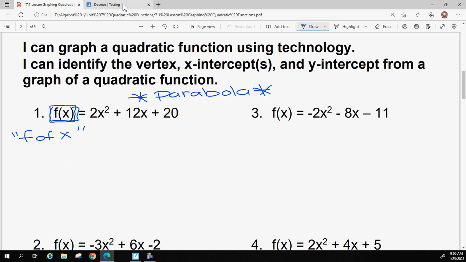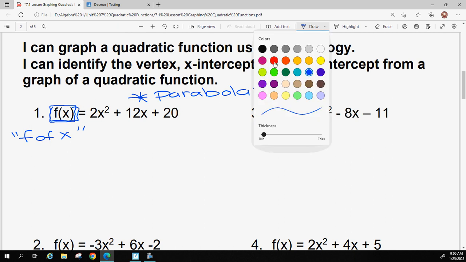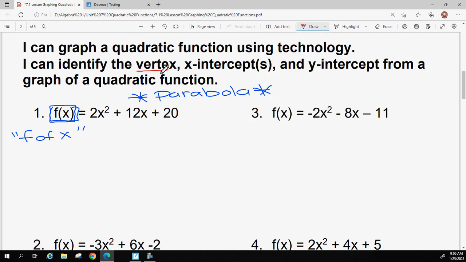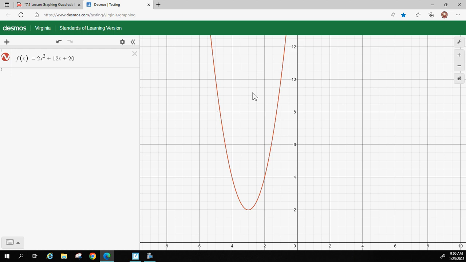We call this thing a parabola. And we're going to talk about some important features of this parabola: its vertex, the x-intercepts, and the y-intercept. There can be multiple x-intercepts, there can be one, there can be none, and we will only ever have one y-intercept and one vertex. So let's take a look.